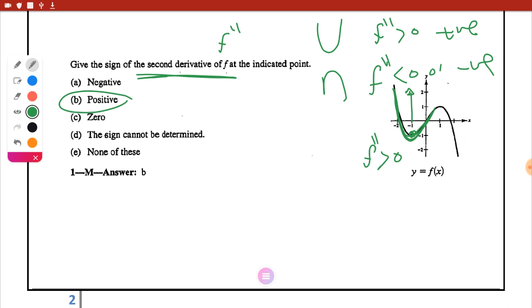This point is on the curve such that the function opens up, meaning concave up. Since the curve is concave up, the second derivative is greater than 0. Revise all of the theorems. So it is positive.